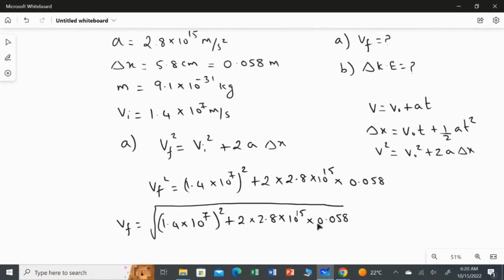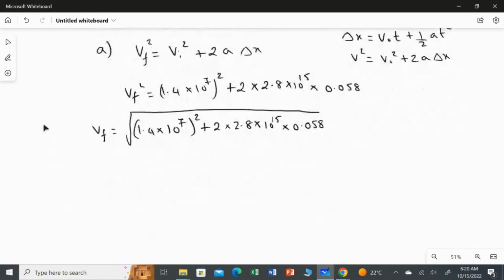Now I have to calculate the final speed. Square root of (1.4 × 10^7)^2 + 2 × 2.8 × 10^15 × 0.058. So what is my answer? 22821042. So I have to write this as my answer.